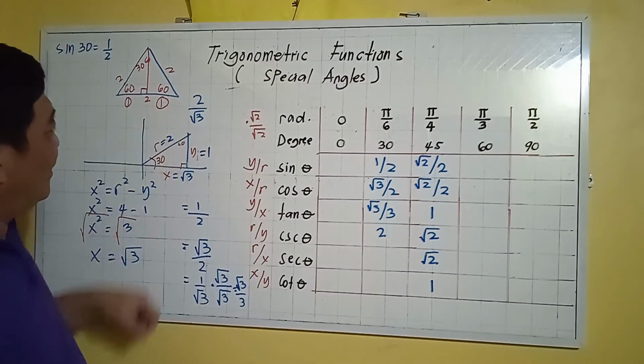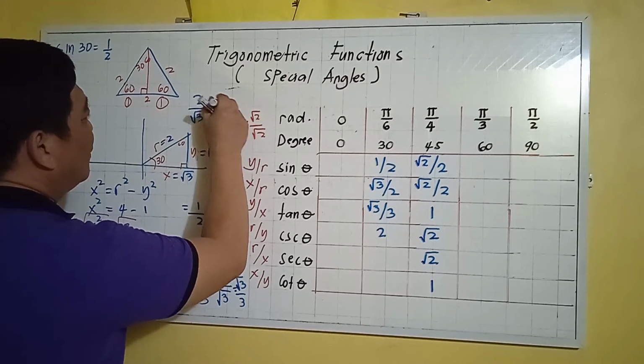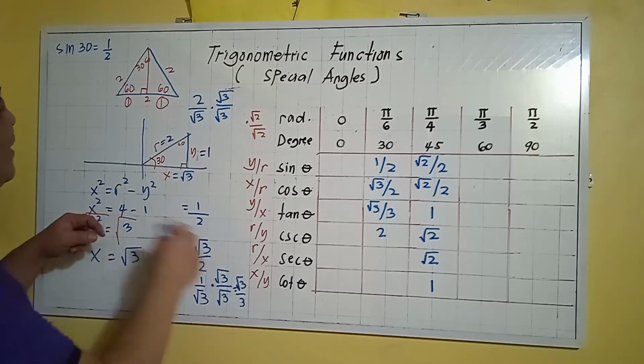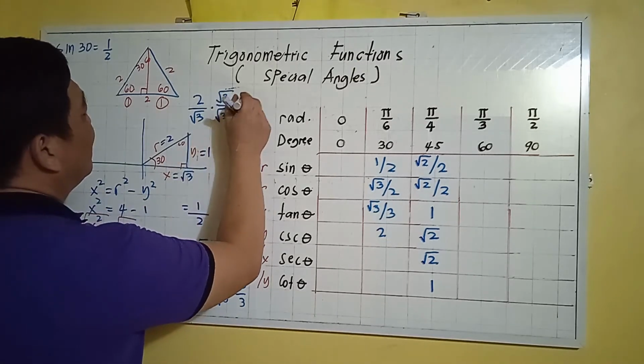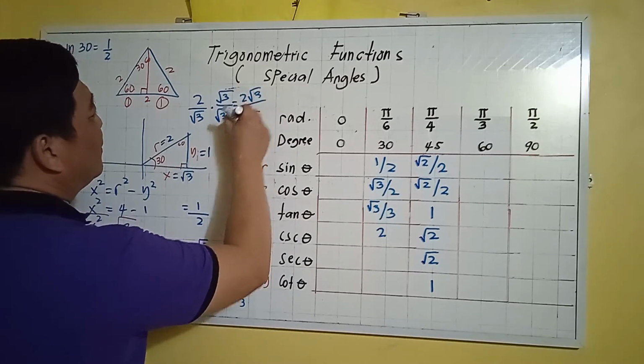So kung ra-rationalize natin yan, multiply by square root of 3 over square root of 3. Ang mangyayari dyan, we have 2 square root of 3 over 3.